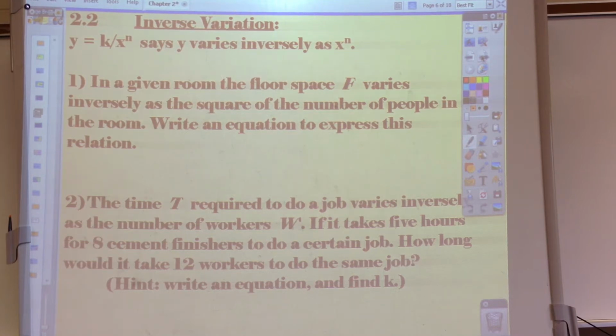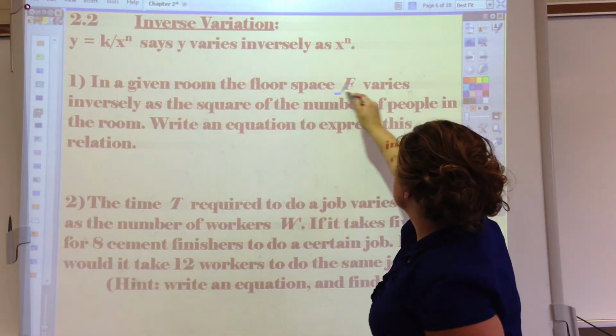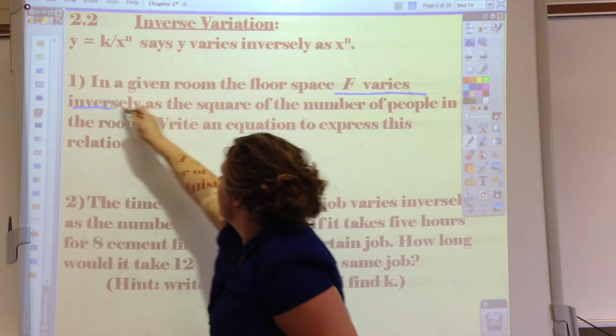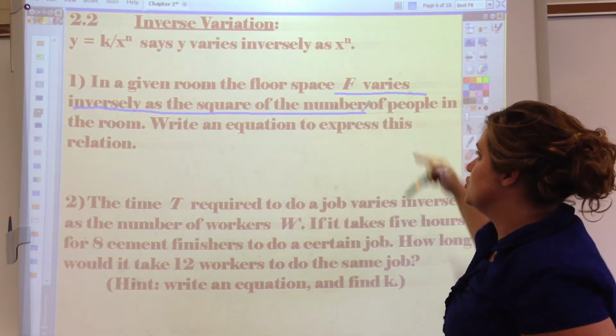In a given room, the floor space F varies inversely as the square of the number of people in the room. Write the equation to express this situation. I'm going to translate from English into this equation. I see F varies inversely as the square of the number.